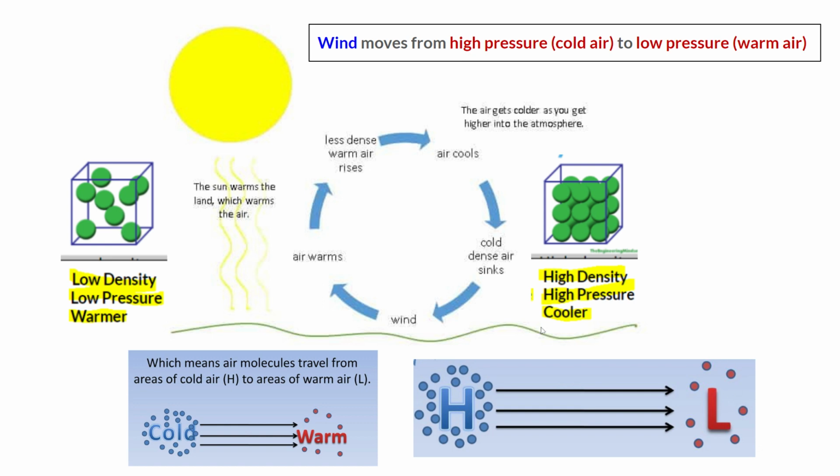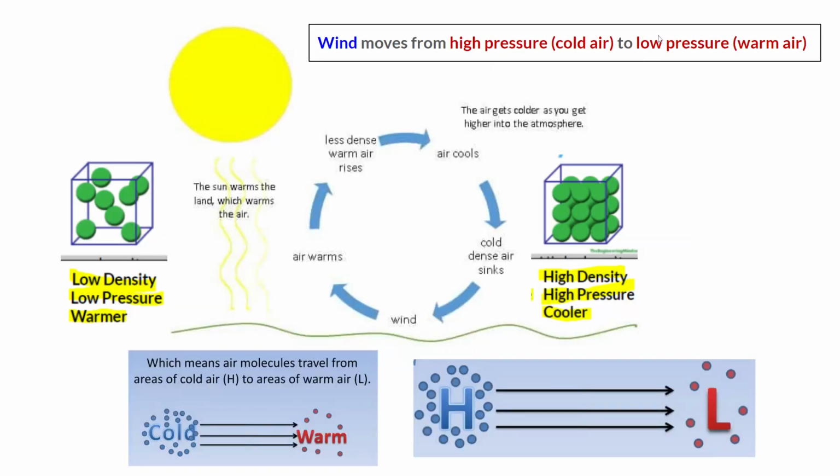And in low pressure areas, the molecules are farther apart, just like warm air. Remember, the molecules don't want to be that close together, right? So in places with higher pressure, the molecules want to push away from each other towards low pressure areas to gain more space. So remember, winds move from high pressure, such as cold air, to low pressure, warm air.